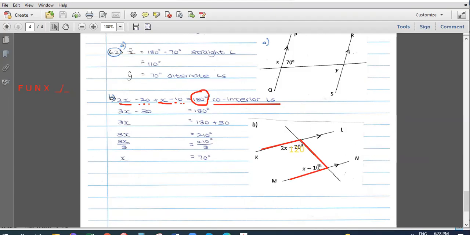And if you substitute for 70, 70 minus 10 is 60. So we've got 60 here and we have 120 here. Just going to write the 120 a little clearer. 120 and 60 gives me my 180. So I know my answers are correct.